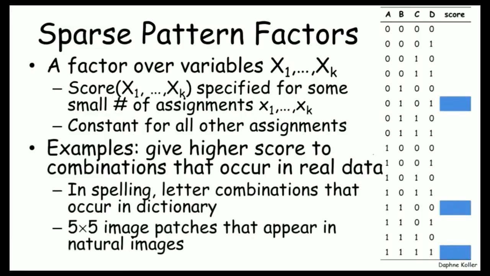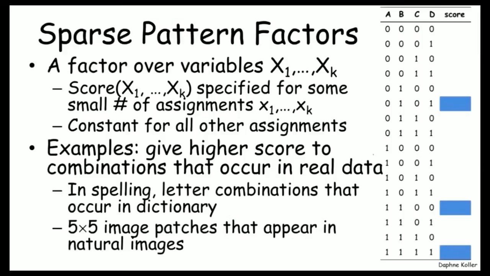And this is actually surprisingly useful in practice because it's very useful to give a higher score to combinations that occur in real data. So for example, if we were doing a spelling problem, you want to give a higher probability to whatever letter combinations occur in a dictionary. And that's a finite number, it's bounded by the size of the dictionary. And now you have all the combinatorially many letter combinations that don't occur in the dictionary. You don't need to give them all a separate weight.